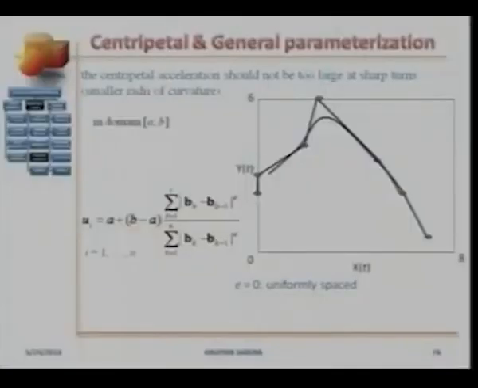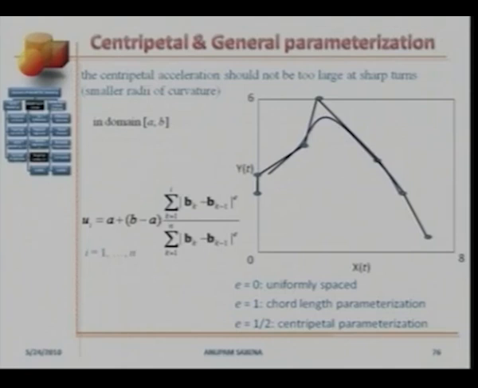For example, we used an exponent e, and for e equals 0, we came up with uniformly spaced knots. For exponent e equals 1, that was the chord length parameterization, and for e equals half, it was the centripetal parameterization based on which we had computed knots. So this scheme pertained to knot vector generation to compute B-spline basis functions and therefore B-spline curves.